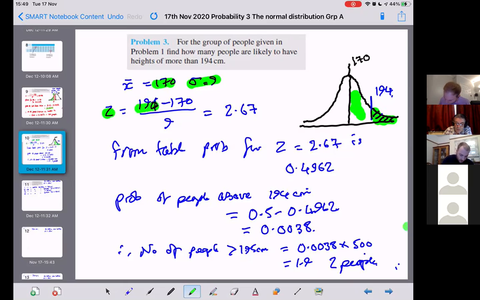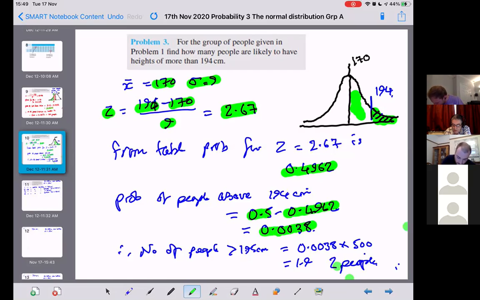So the first thing we do is find the Z value. There's 194, take away the mean 170, and divide by the standard deviation, we get a Z value of 2.67. If you look in the table for Z value 2.67, the probability is 0.4962. Therefore, the probability of people above 194 is the half, which is the whole area to the right of the mean, take away 0.4962, leaving 0.0038.